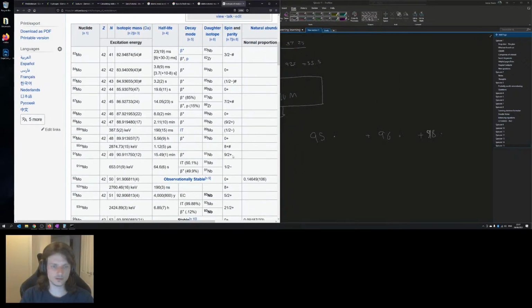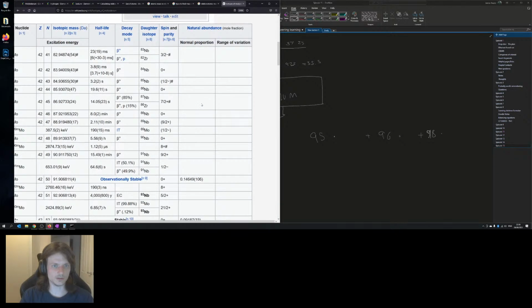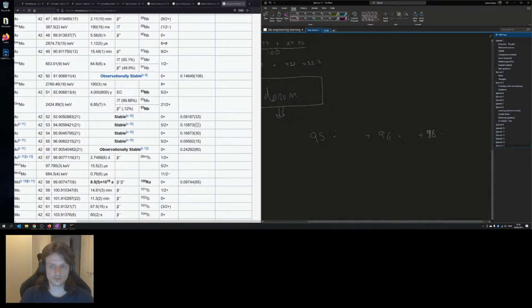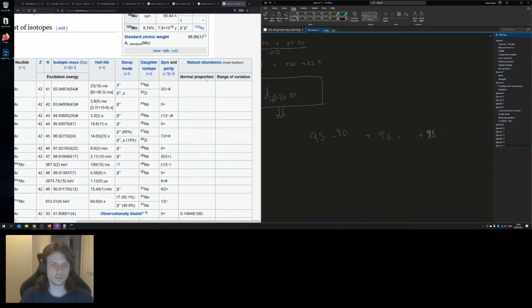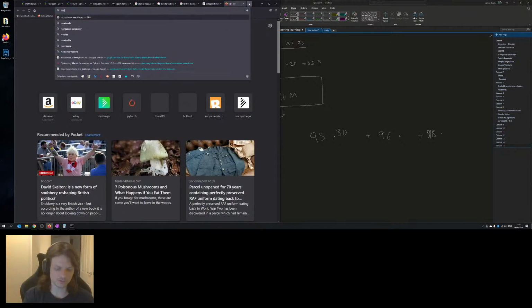Aha. 95, no abundance. Oh, here it is. So it's 30. What does this say? Normal proportion. A mole fraction. What is a mole fraction?